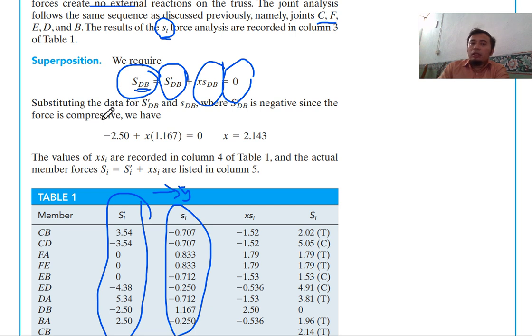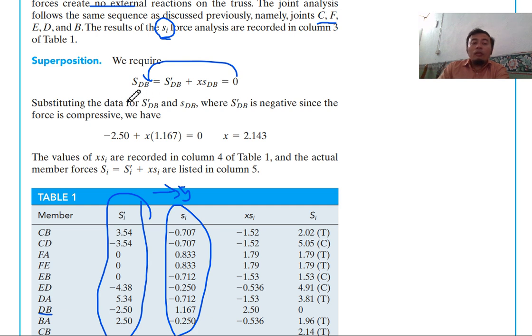We want to find the value of x, the multiplier for the forces of unit load compared to the actual external load. So this is only applied to DB. The actual force S_DB equal to 0 is only applied to DB only, because it is an imaginary member.